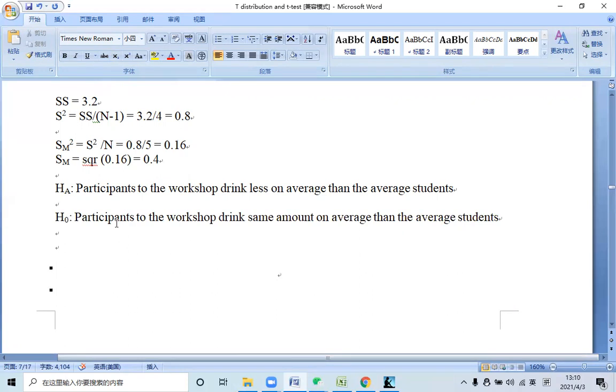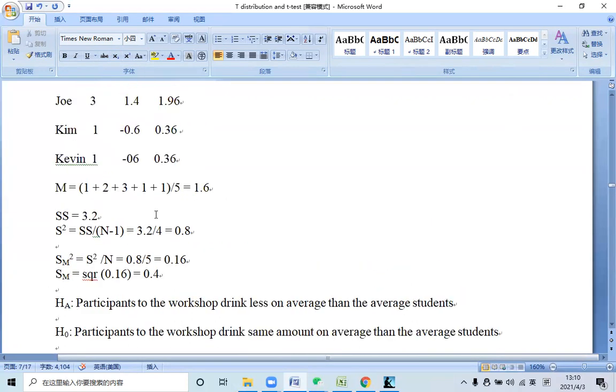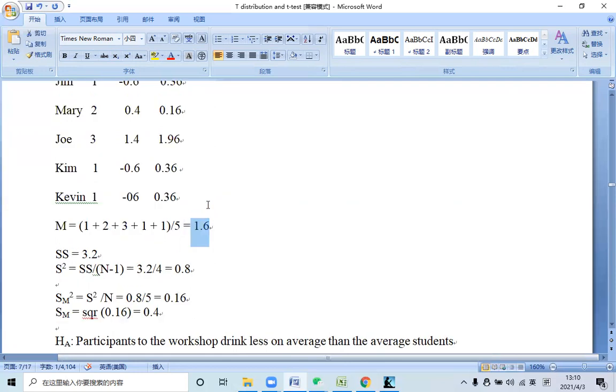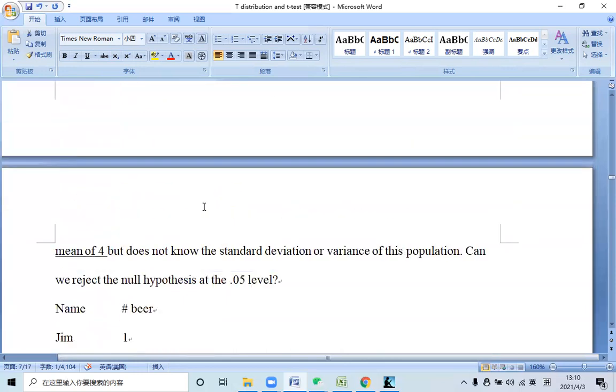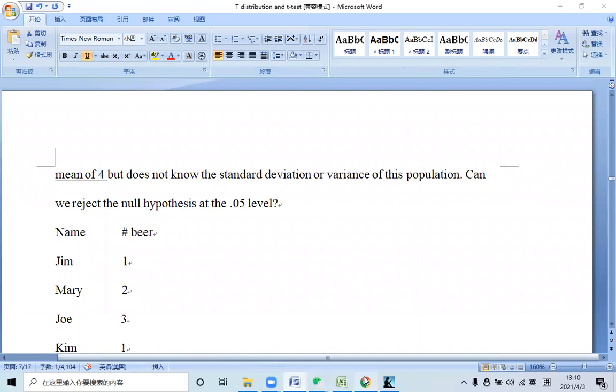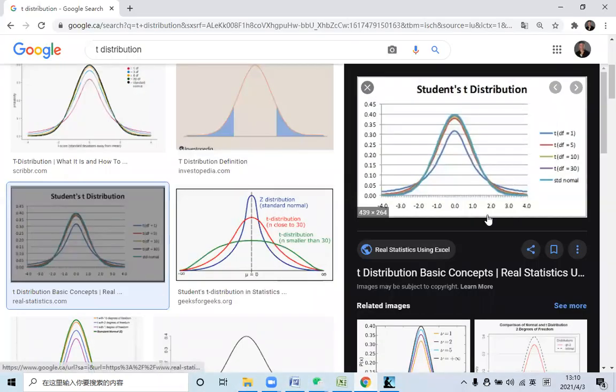Then the difference between 1.6, the average of these 5 students, and the population average of 4 is unlikely. How unlikely? Less than 5%.